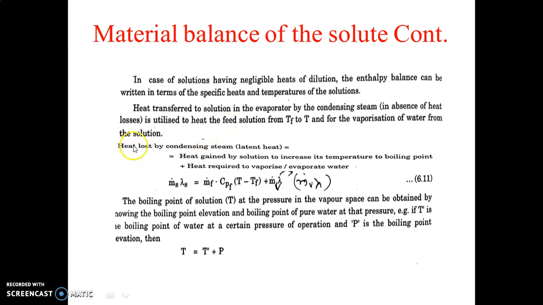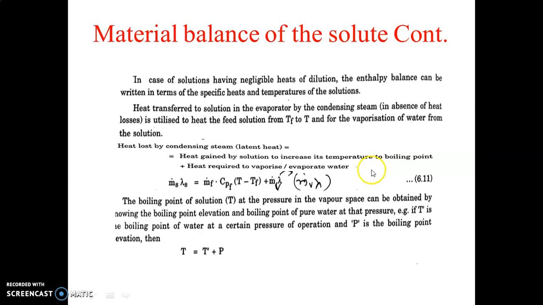So how can we write the heat balance? Heat lost by condensing steam, that is latent heat, is equal to heat gained by the solution to increase the temperature to boiling point. That means the first part of that heat is used to increase the temperature of the solution to its boiling point, and then after the boiling point is reached, the remaining heat is used for vaporization or evaporation of water.